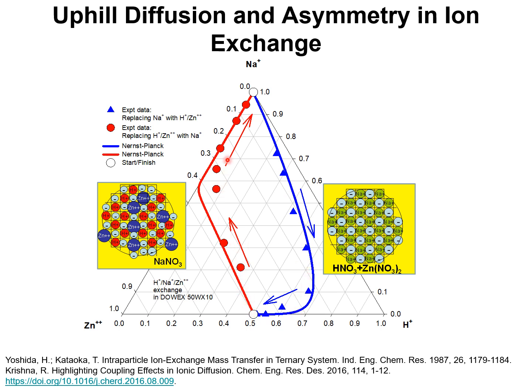In the red path, no overshoot or undershoot in H+ is recorded.